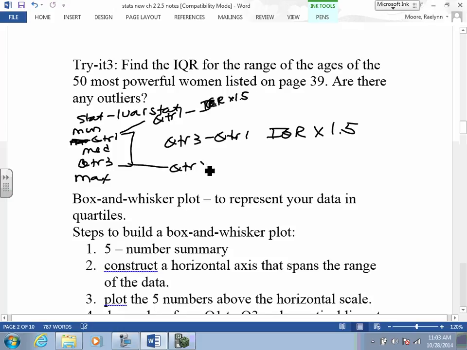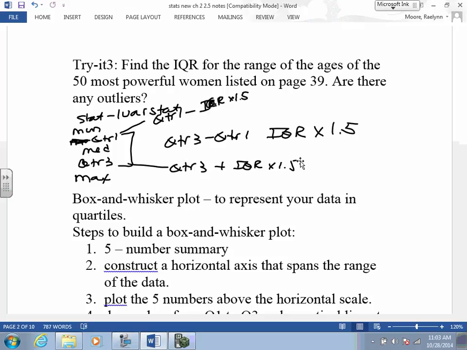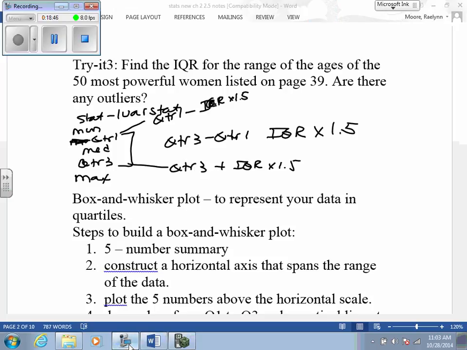For quartile 3, you want to add. So it makes sense, right? Anything to the left, I have to subtract to see where my cutoff is. Anything to the right of me, I have to add to see where my cutoff is. Make sense? Okay. I think we'll probably call it a day here.